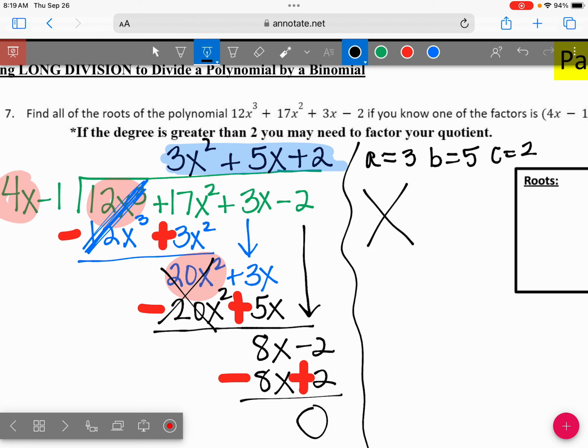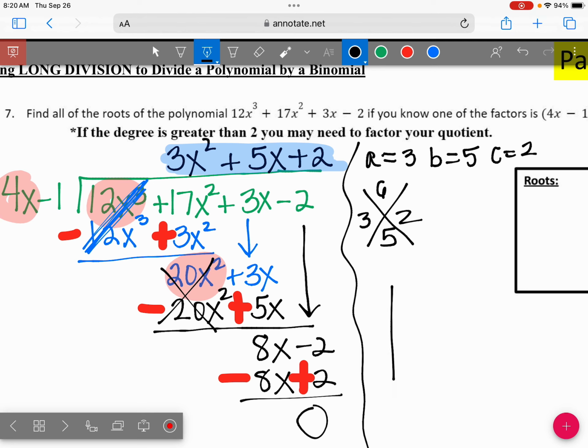Make your X, and the top of the X is A times C. So 3 times 2. So go ahead and find two numbers that multiply to give me 6 and add to be 5. Thumbs up when you know the numbers, just so I can see how many people know the numbers, okay? All right. What are my numbers? 3 and 2.